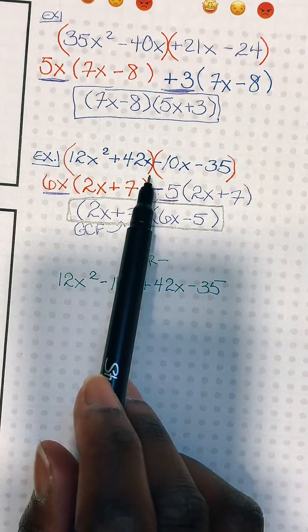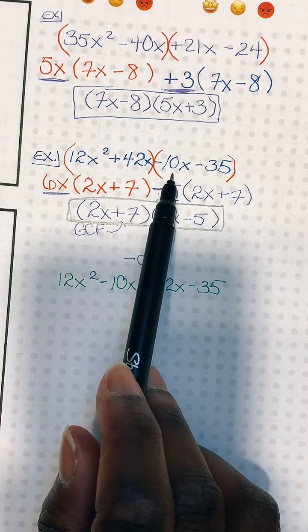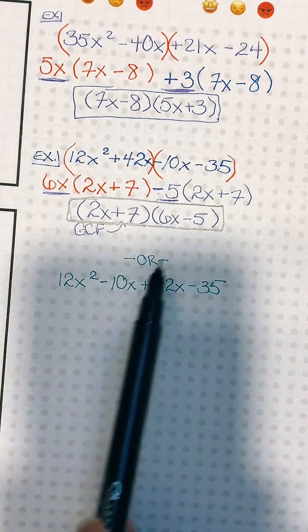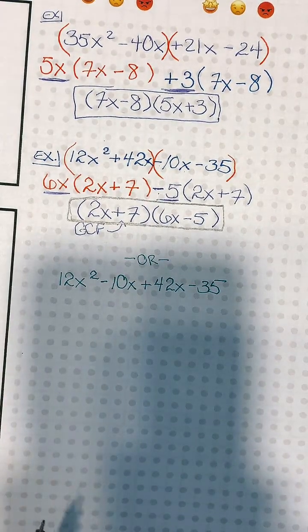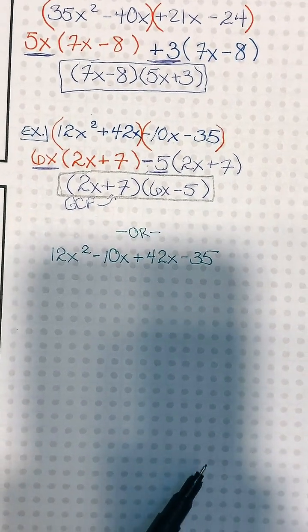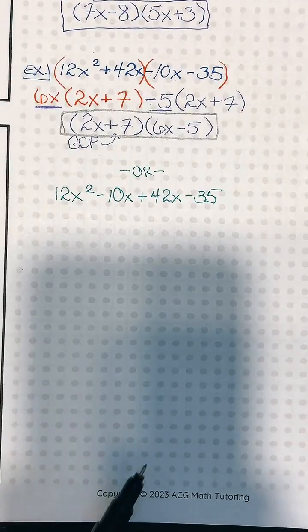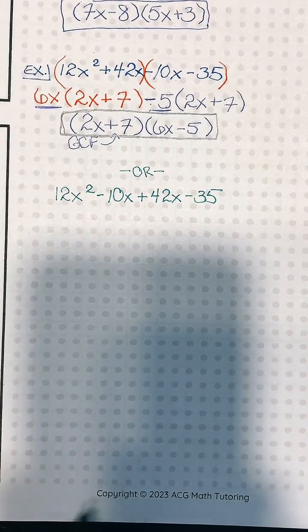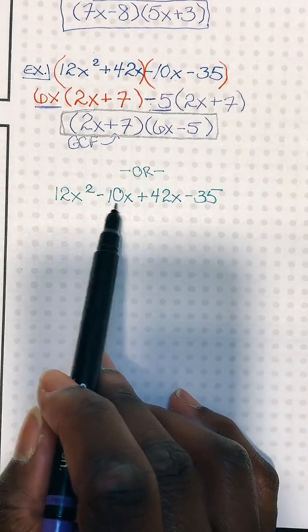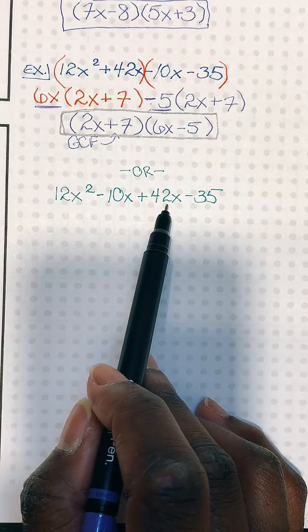But she asked, can she move these two around to make the numbers a little more lenient? And the answer is yes. If you have a teacher that says, no, you got to do it this way, no. You can do whatever you want. Well, not everything. But for this case, you can switch them around.